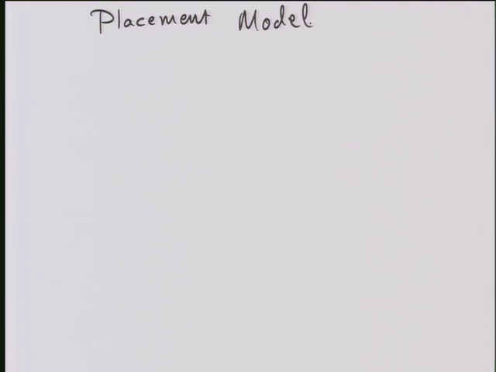Okay, so here's another way you can look at these counting problems. What we looked at so far was the sampling model. This is called the placement model. So in the placement model, you're given a bunch of boxes. Let's say you have n boxes, and you have k balls.